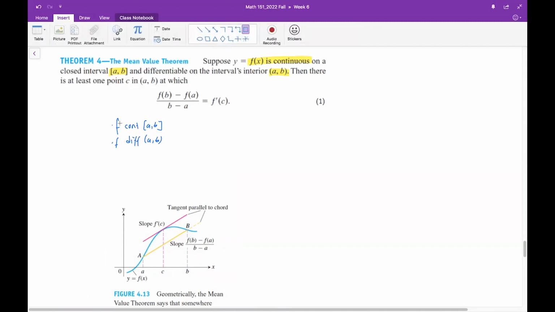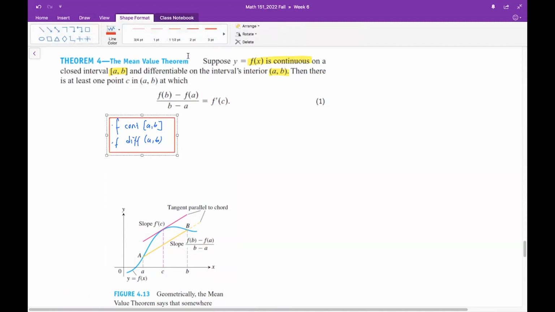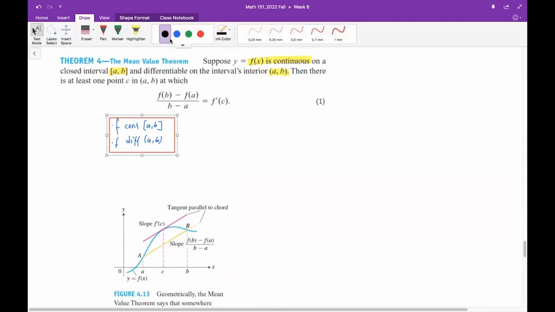Okay, so let's create a box here for the assumptions. Then what is the conclusion? The conclusion says that there is a number c between a and b. There is c between the points a and b.